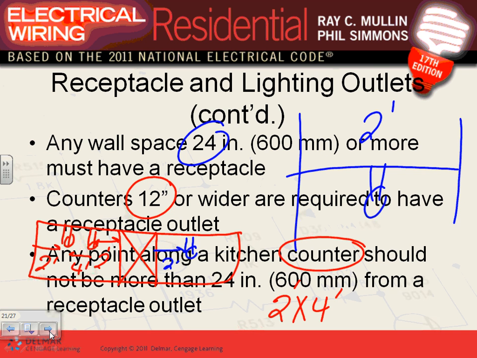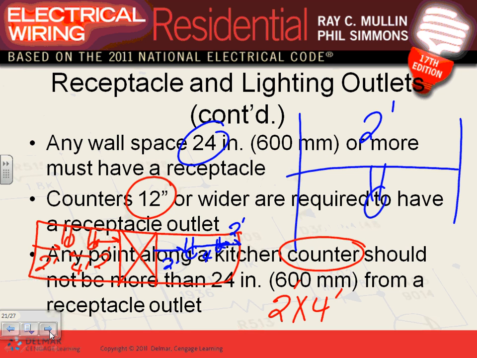At any point, the kitchen should not be more than 24. Then move all the way up to here, another 4 feet, with another receptacle, and from here to here, it has to be 2 feet. 2 by 4, everybody knows a 2 by 4?